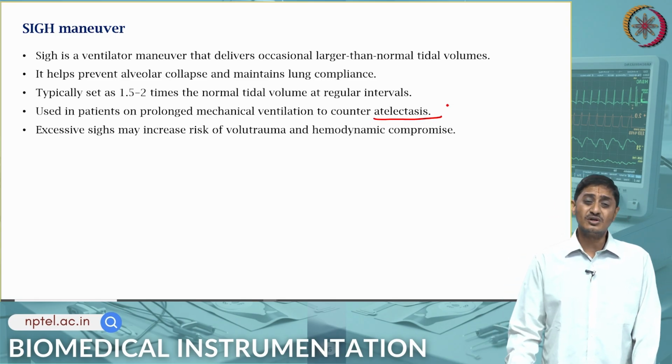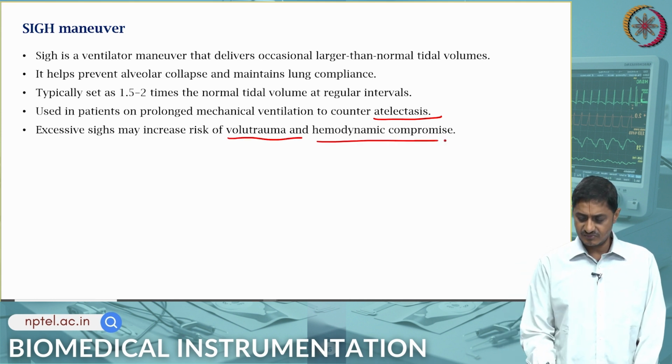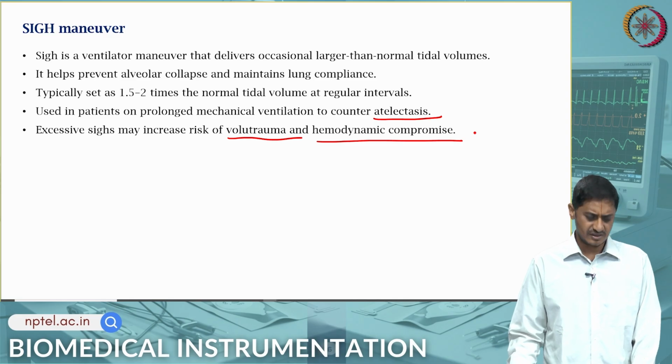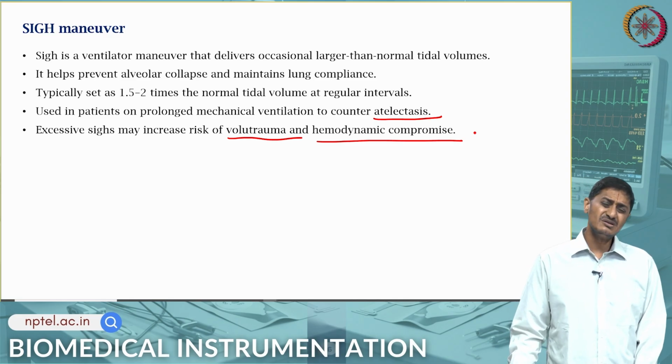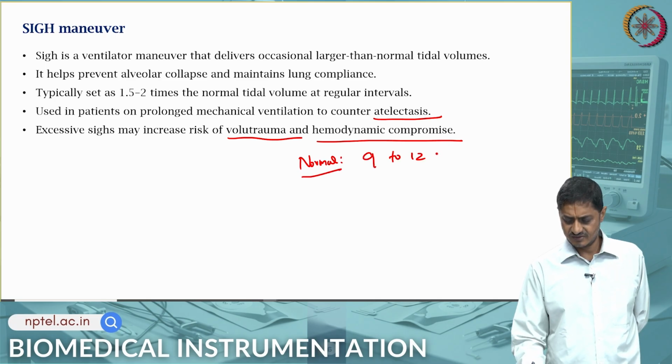But of course, you should not do it too frequently, because volutrauma or some form of hemodynamic compromise might happen. Normal humans usually sigh anywhere from 9 to 12 times an hour.